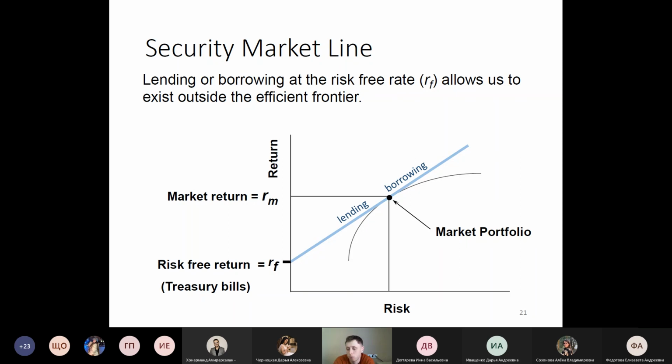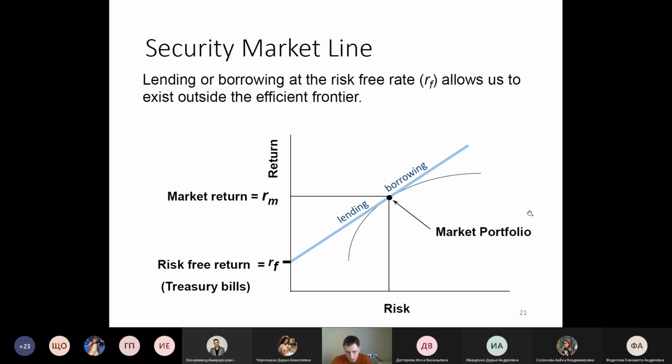In order to achieve better portfolios, we can either lend some money, lending meaning buying treasury bills, or borrow, in this case meaning borrow money to buy more risky assets, to invest into the market portfolio, in the proportions which are at this point on the chart.